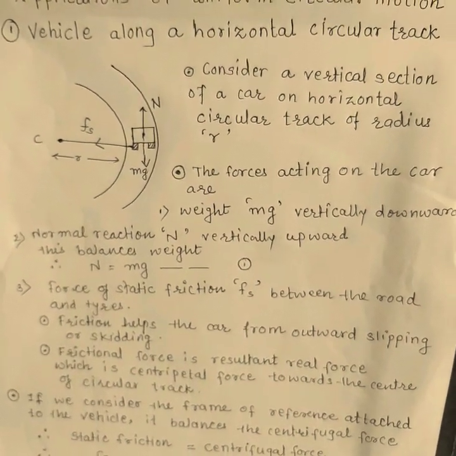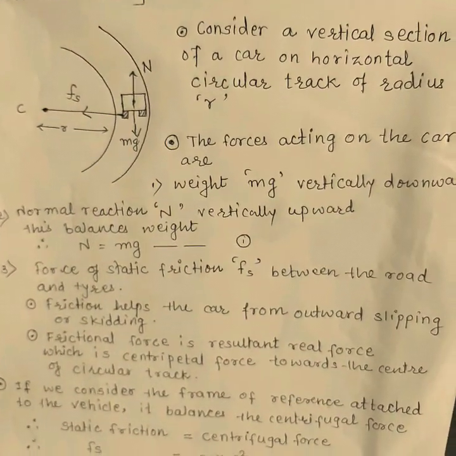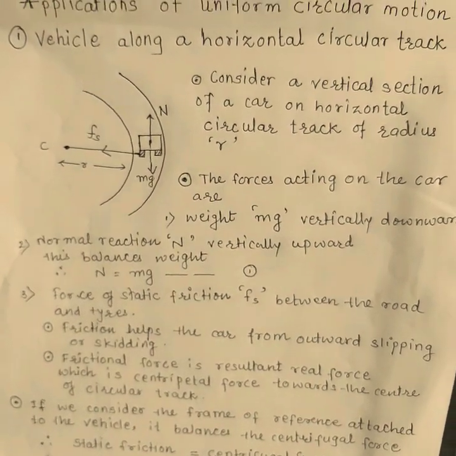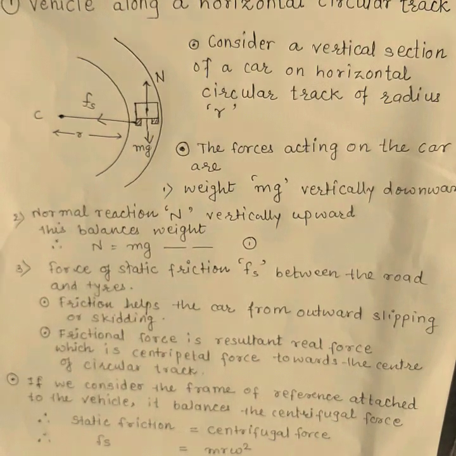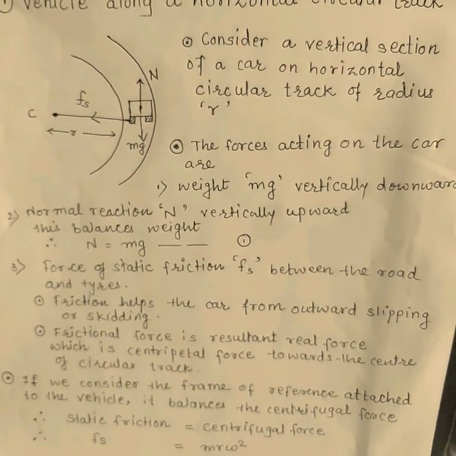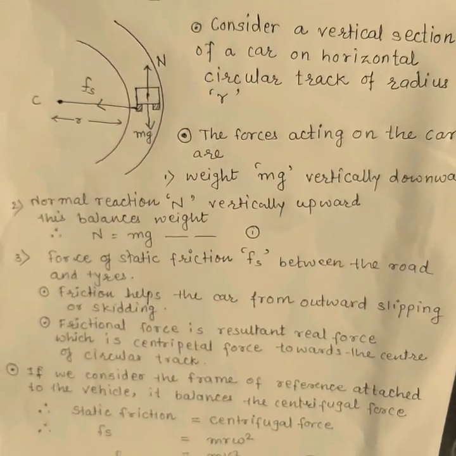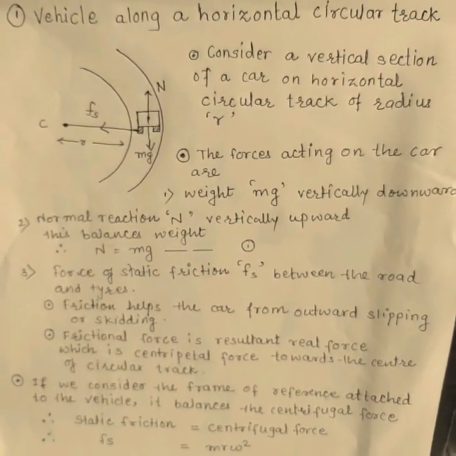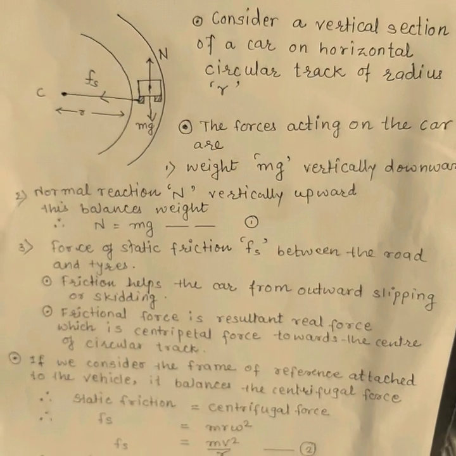Now the forces acting on this car are, first one, its weight mg acting vertically downward. Second one, the normal reaction vertically upward. And this normal reaction balances the weight.